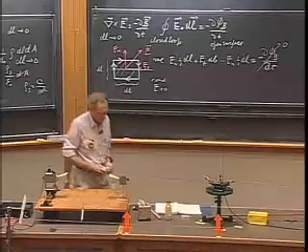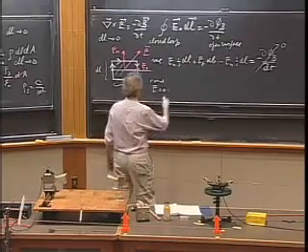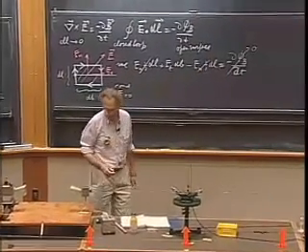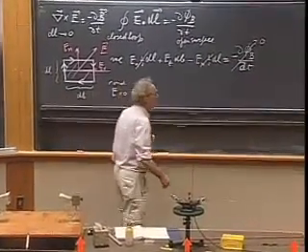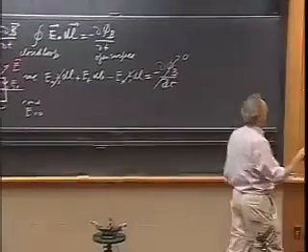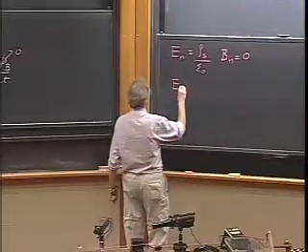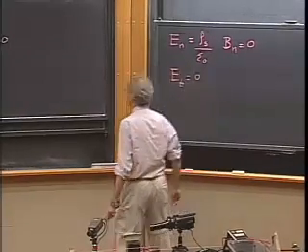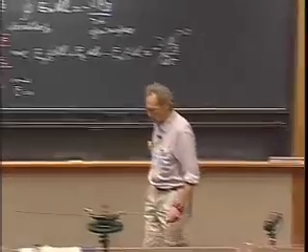And so that one goes to 0. And notice that this one cancels out against this one. And so now we find the third condition, and that is that at the boundary, E tangential is 0. So that's the third one.